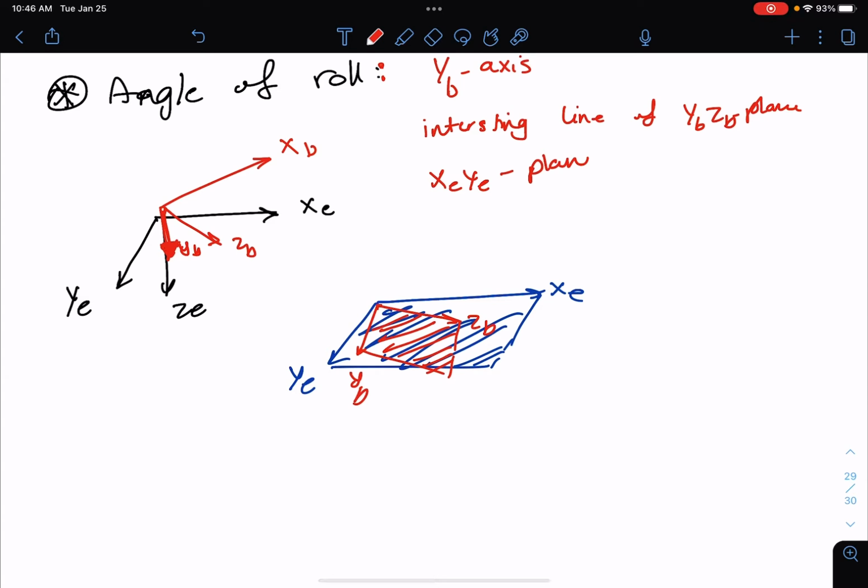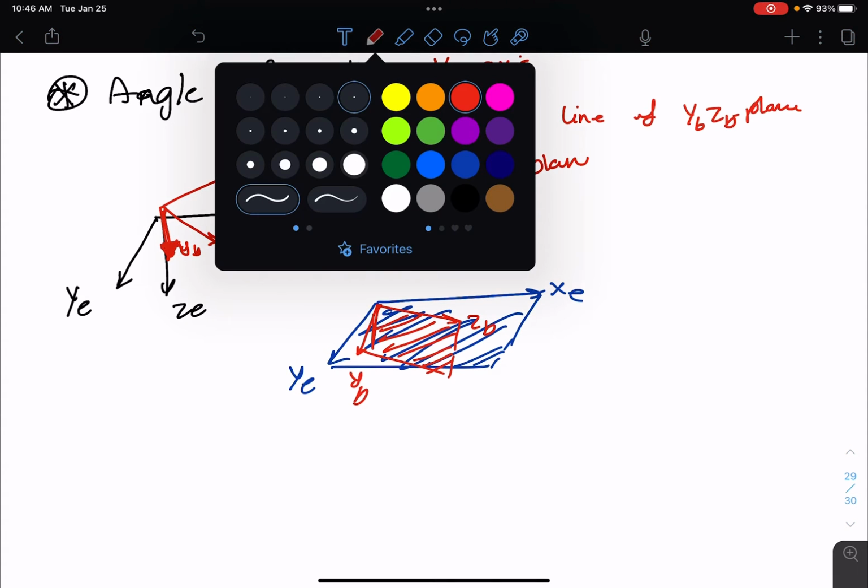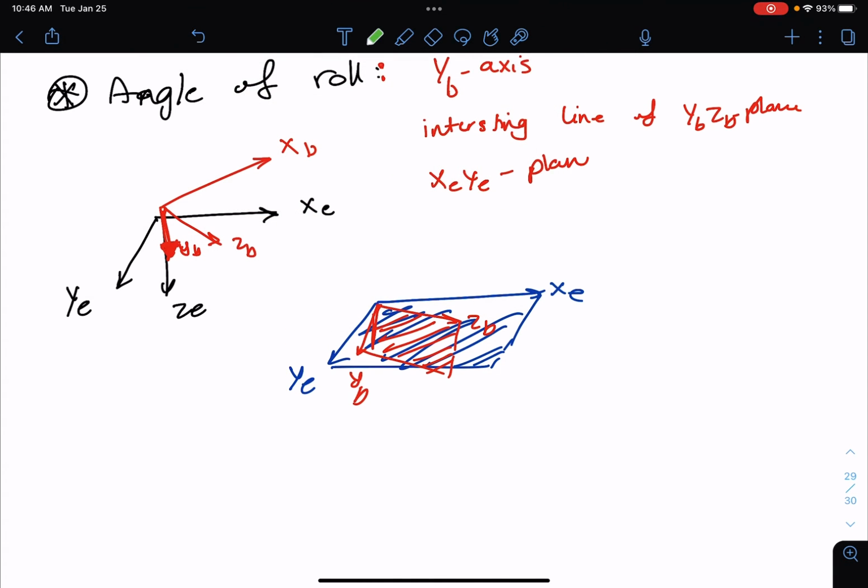Let's call this your line. And the angle between these two is going to be angle phi, a small phi. Angle of roll. This is a very complex definition of angle of roll.